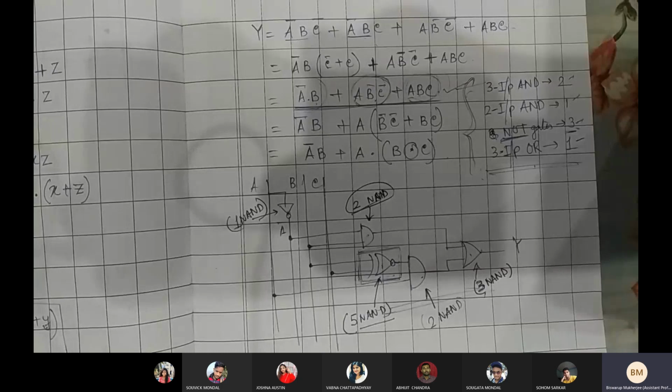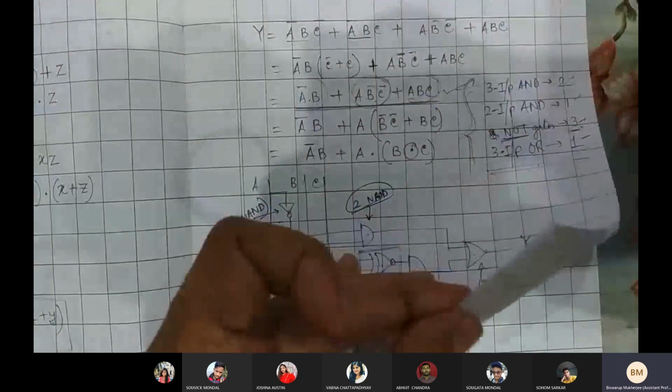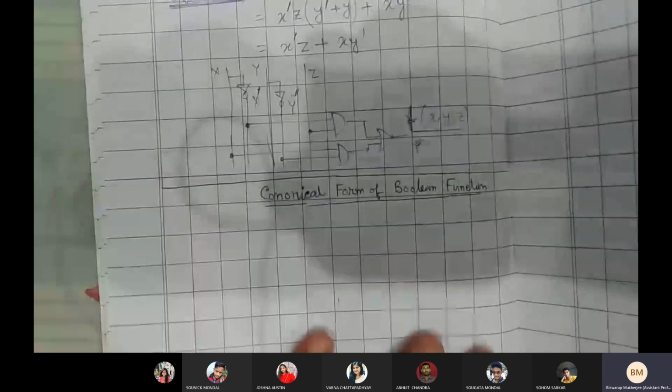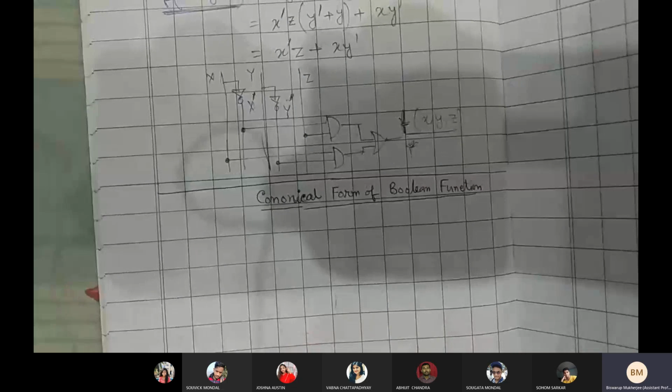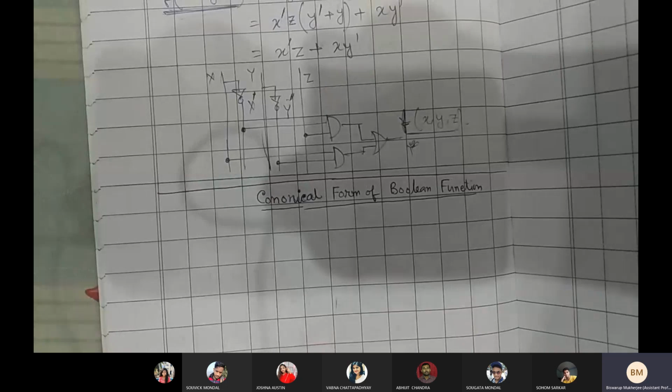Instead of that, we generally would like to prefer an expression which can be directly replaced by the universal gates. And that sort of expression is called canonical form of expression. How does it look? The most important thing is that there are two ways of looking at canonical form of expression.